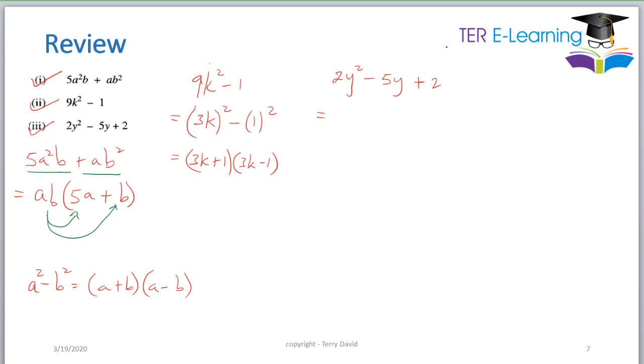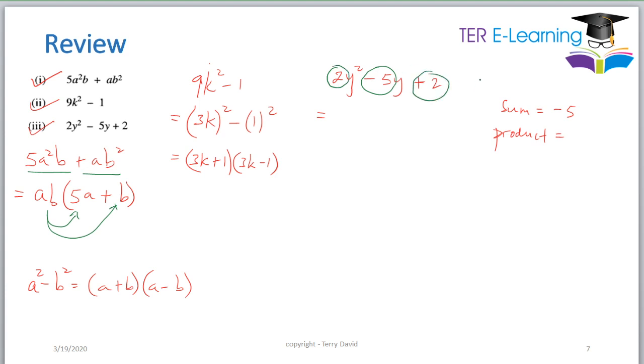Now, the method that I showed you all in class, I said what we do, we need to find two numbers whose sum is equal to the middle term. So the sum has to be equal to minus 5, and my product has to be equal to this term here, which is my a, multiplied by this term.